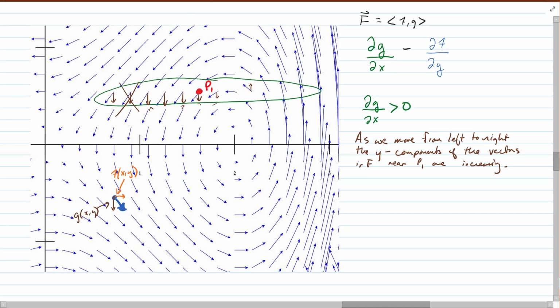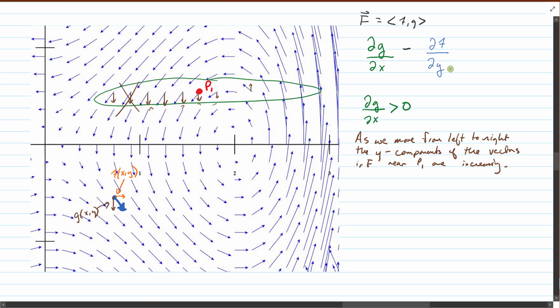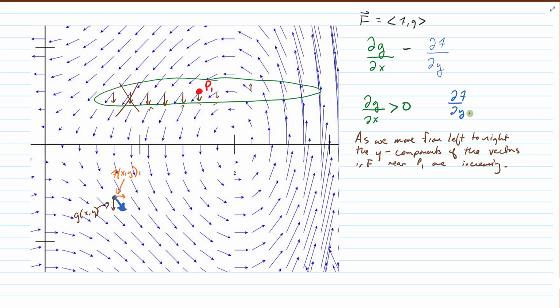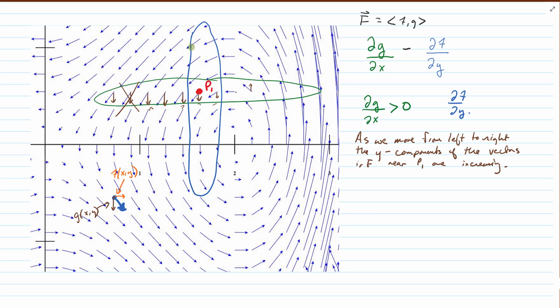So now let's do a similar computation for our partial f, partial y. Remember, when we take a partial derivative with respect to y, we're going to fix an x coordinate. So we're going to fix the x coordinate of P1, and then we're going to ask ourselves how is whatever entity we're looking at changing as we move in a y strip from bottom to top.